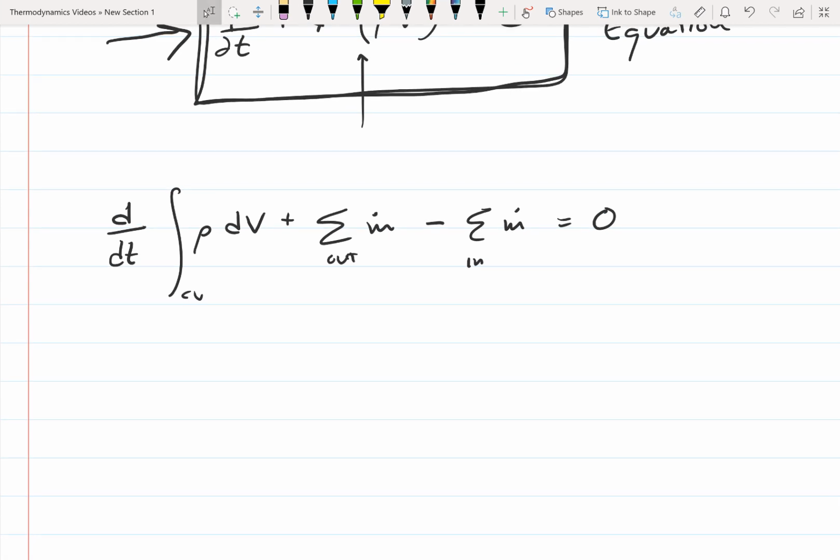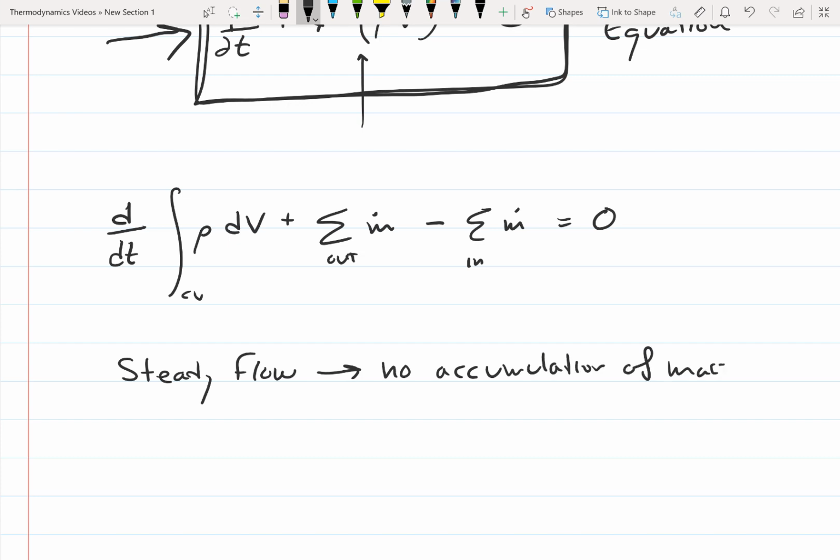So let's assume that we have steady flow. What steady flow means is that there's no accumulation of mass in your control volume. And so basically that means that your mass isn't changing with time in the control volume.